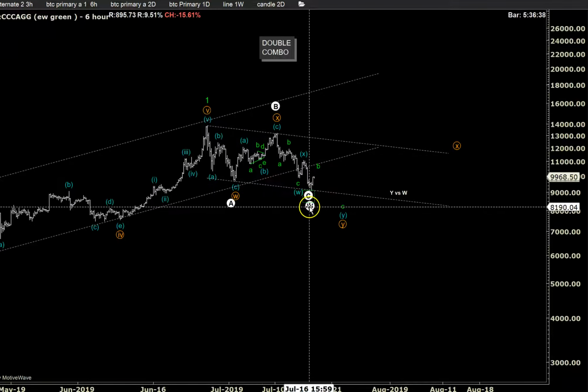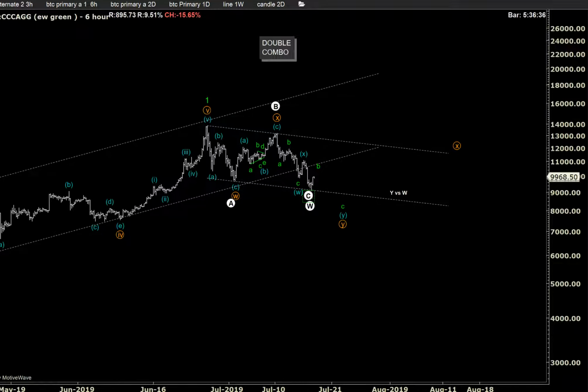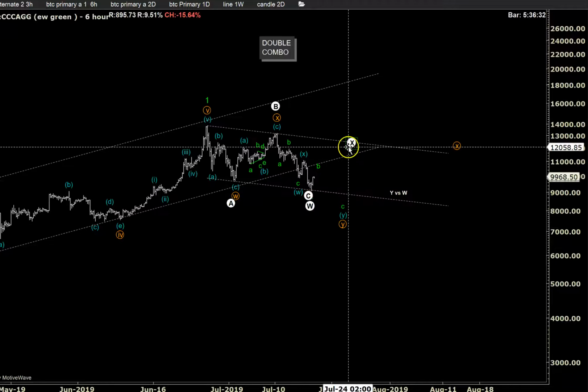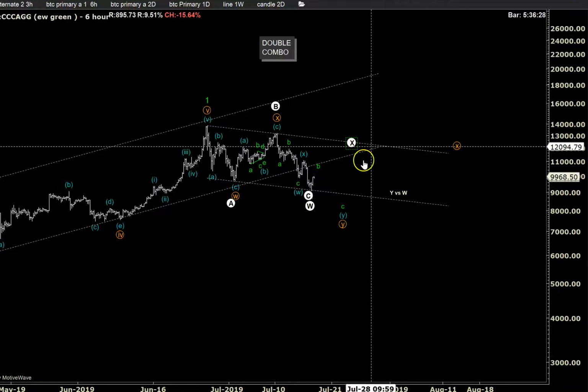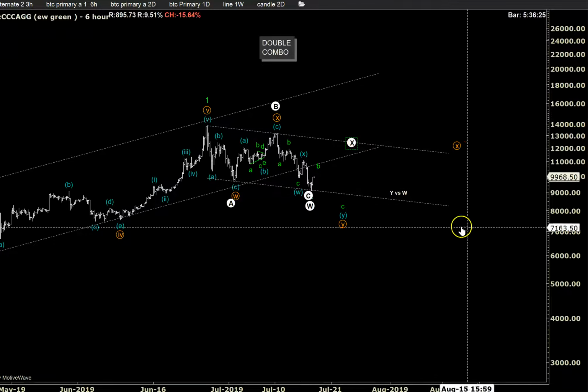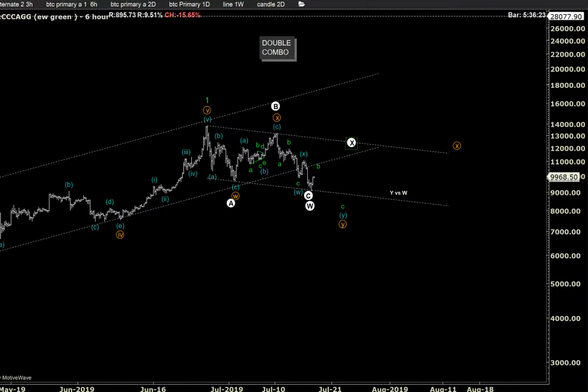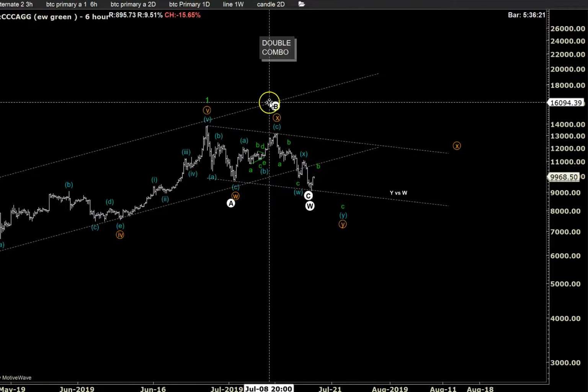And that finishes up this W, and then you would go up into a wave X down here, and then you would have another move down into an ABC, either a flat or a zigzag coming down. So basically that's what can happen.